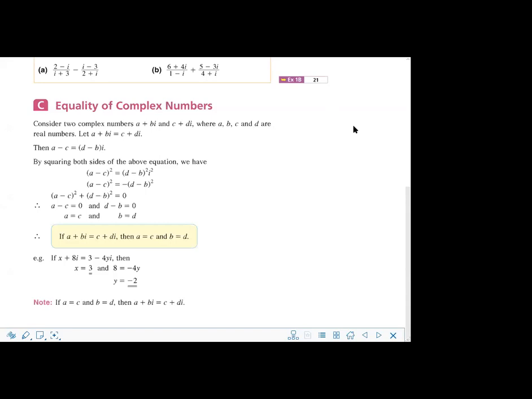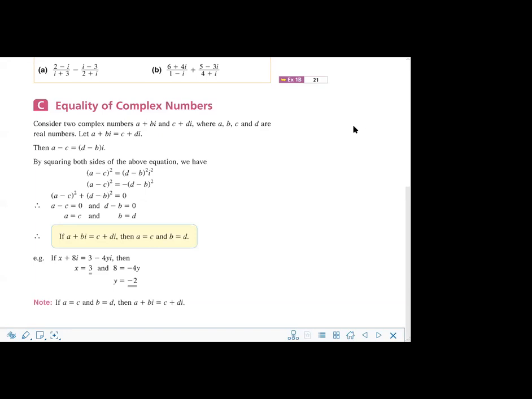During the last few lessons, we learned how to add two complex numbers together, or subtract, and then multiply two complex numbers together, and to divide complex numbers, or simplify the fraction of complex numbers, using the conjugate of the complex numbers.